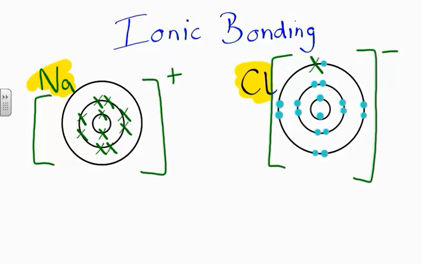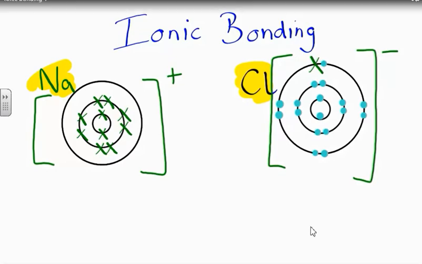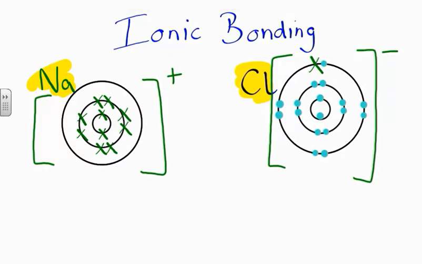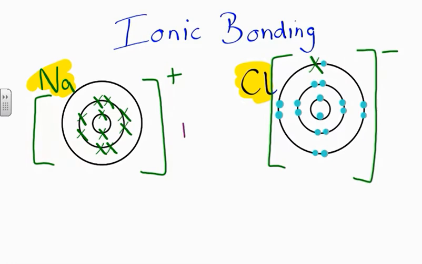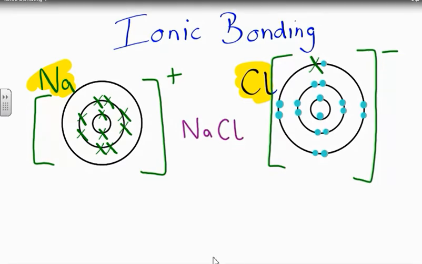So our formula for this particular compound would just be NaCl, because we only need one positive sodium ion and a negative chloride ion. So it would just be NaCl.